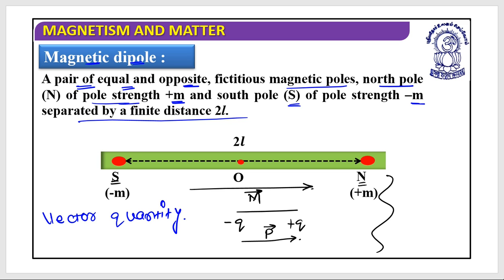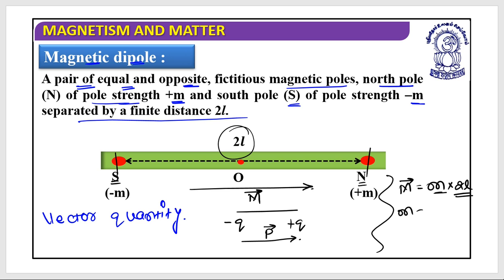The value of the dipole moment can be written as M equals any one monopole multiplied by the distance between the two poles. Here the distance between the two poles is 2L, so M is m into 2L. I hope this is clear. From this we can derive the unit of pole strength, small m.